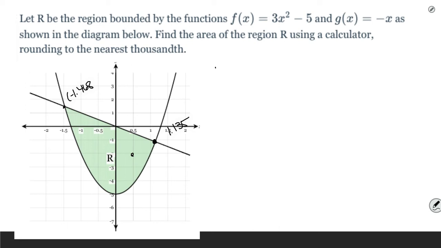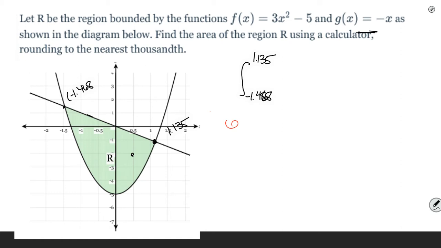Okay, so now when I go to set up my integral, I'm going to make it start at -1.468 to 1.135 of the top curve, which looks like it's this straight line.